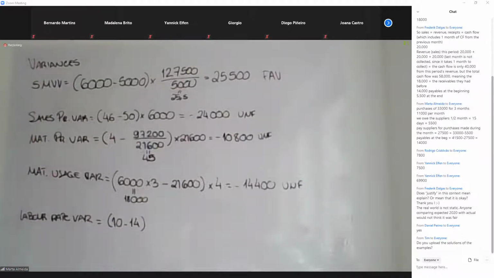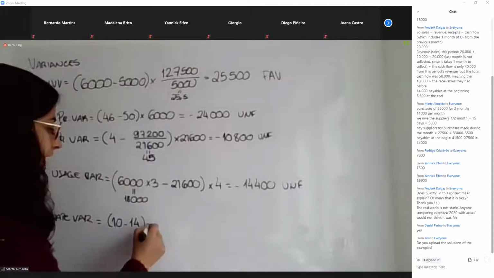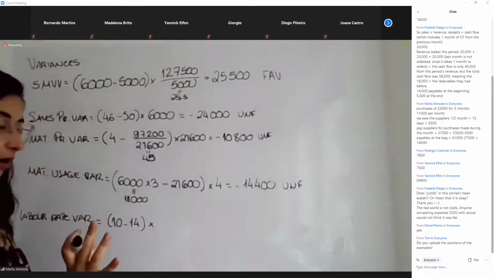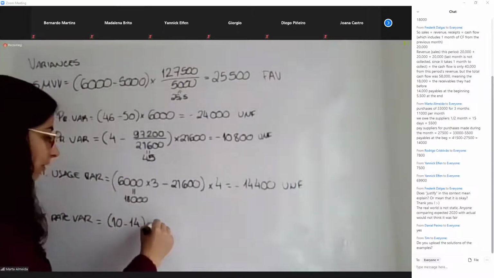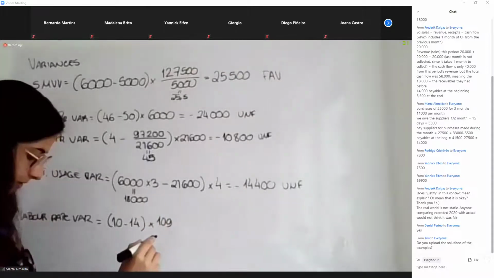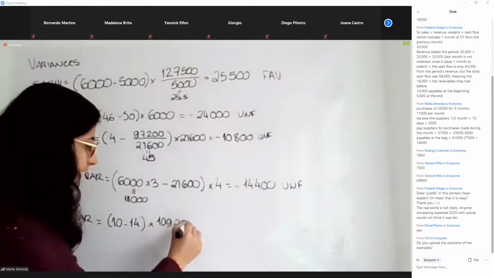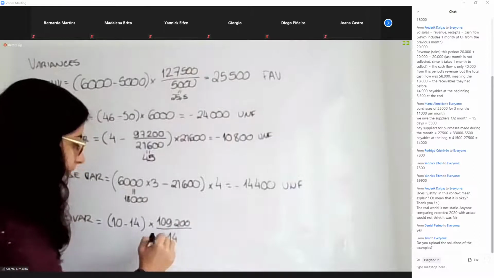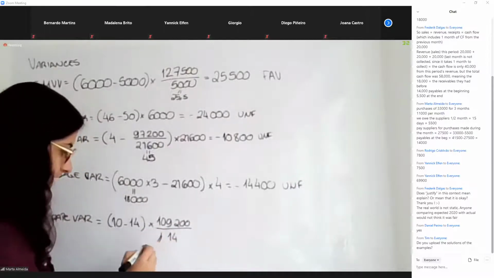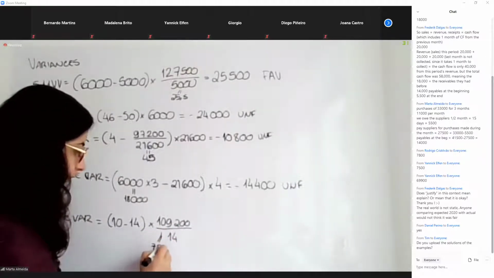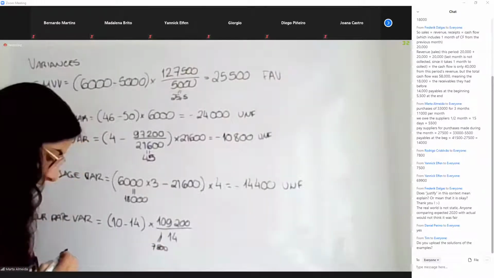And we will multiply this by the actual hours consumed. The actual hours consumed, we have calculated, it was 7,800, but we can also do the calculation of how we got there. It was the total expenditure with labor, 109,200, divided by the £14 per hour, which gave us 7,800 hours.